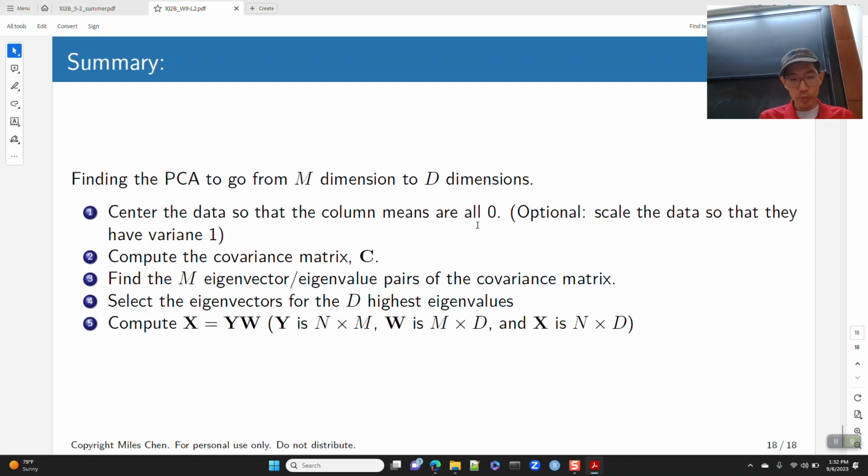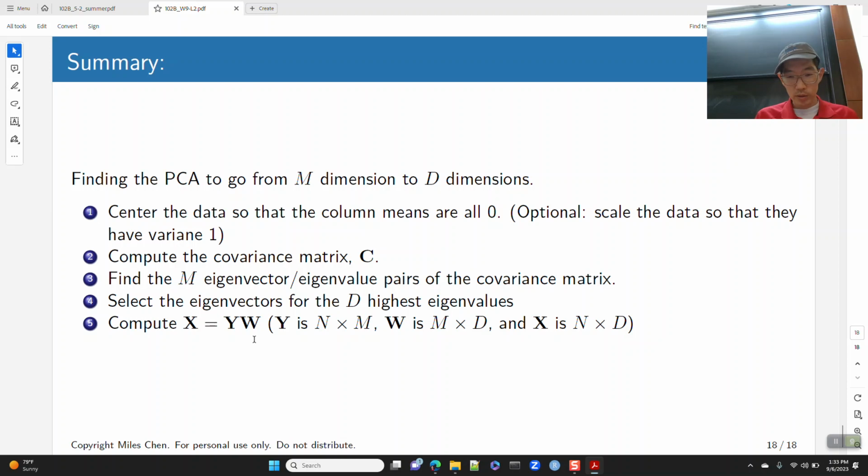But basically, if you don't do that, you just shift everything so that the mean is 0. You compute the covariance matrix of your centered data, find the eigenvalues and eigenvectors of that, select the eigenvector with the highest eigenvalue, and then your projected data is going to be x times w.